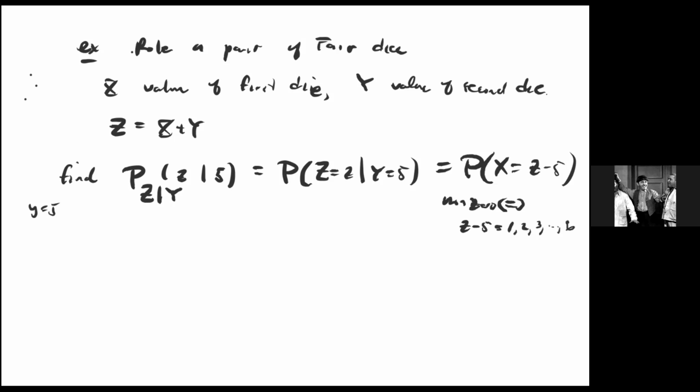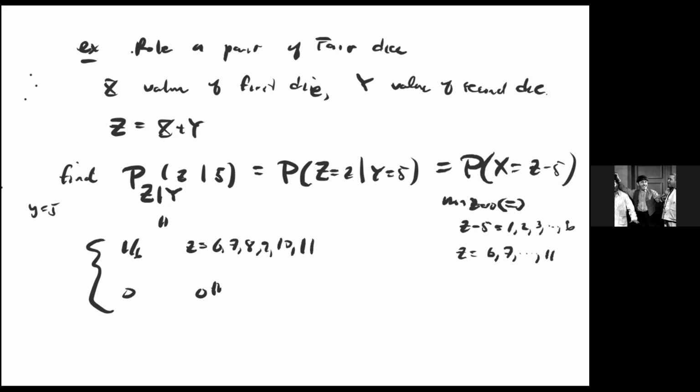In other words, z equals 6, 7, 8, 9, 10, 11. And then the value of X being z minus 5, since it's a fair die, is 1/6 of the time. So the answer is this probability is given by 1/6 if z equals 6, 7, 8, 9, 10, or 11, and it's 0 in every other case.